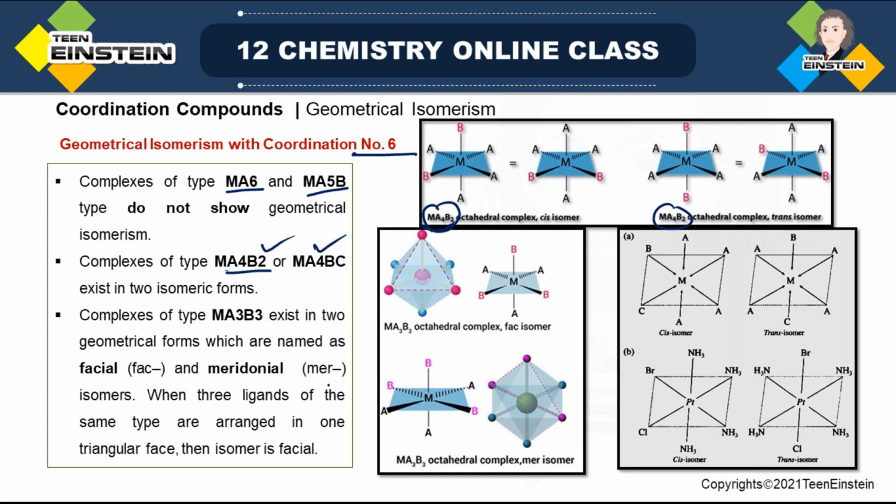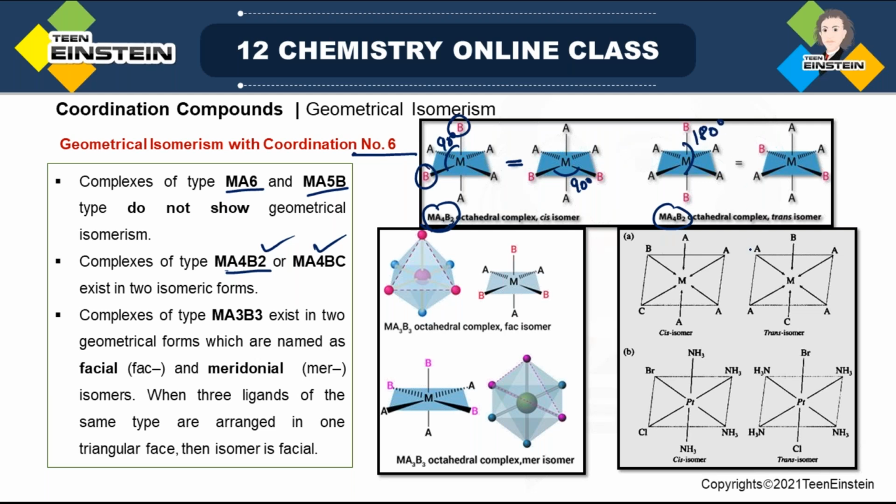See what types of isomers we are getting here. Here 2 B are the same, so when they are 90 degrees to each other, these two are actually the same. See, there is an equal sign given. So it will be cis, and both of these first two pictures are pictures of cis. But when they are 180 degrees, it is trans.